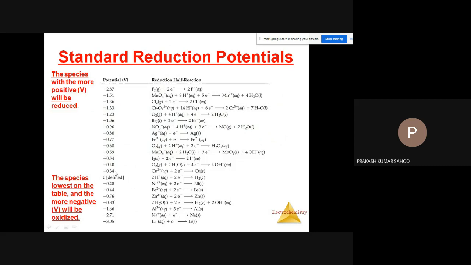That means the element or the ion which has the larger value of standard reduction potential will get reduced, and the other ion will be oxidized.